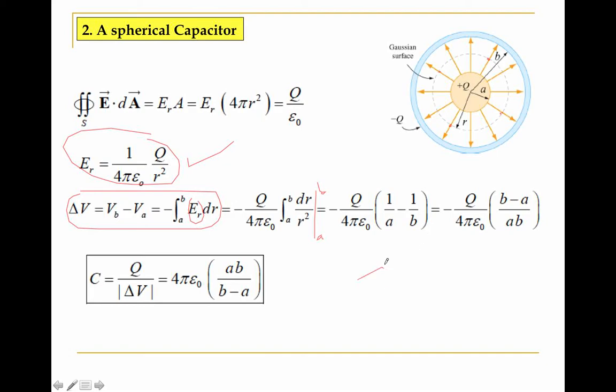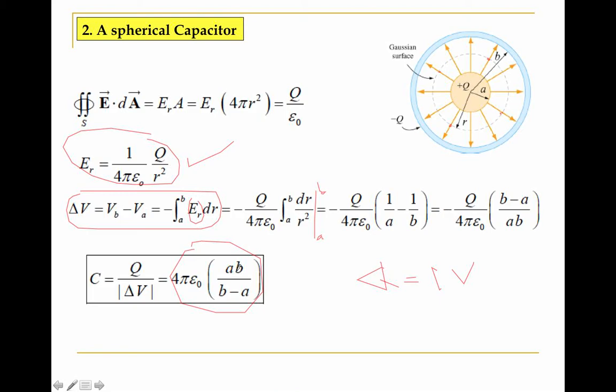Now remember, Q is equal to, as always, C multiplied by V. So when I do that, I have Q, I have V. If I get C, which is equal to Q over V, then I get my capacitance for the spherical plate capacitor.